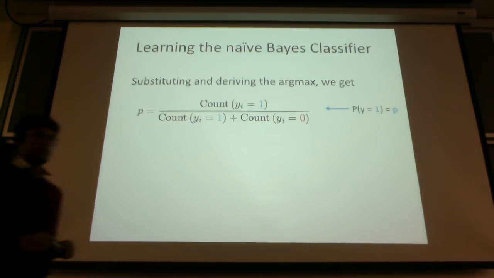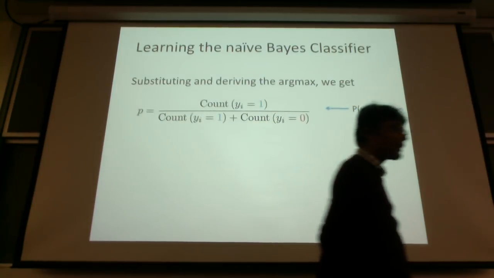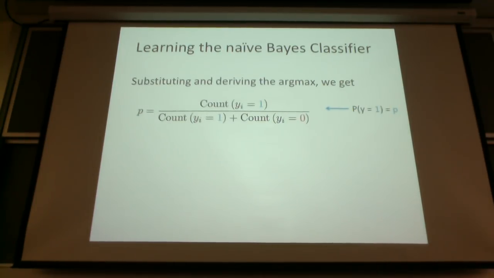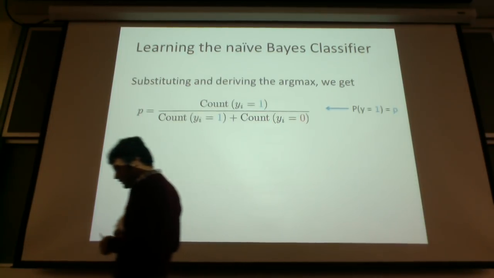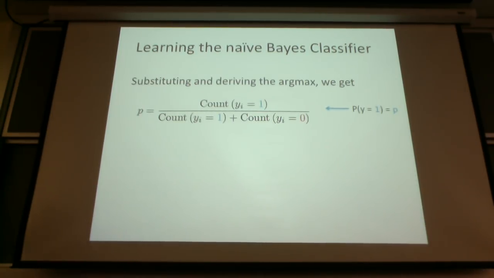On the other hand, it's easy, so you should do it. It's basically calculus 101. It's exactly the same as the simple Bernoulli trials that we saw with those light bulbs. You set the derivative to 0, and you get the value of the prior as something like this. You count how many times the value of y is 1, divided by the number of times y is 1 plus the number of times y is 0.